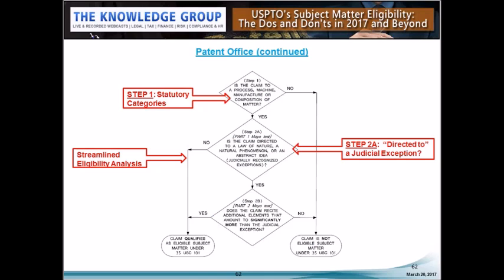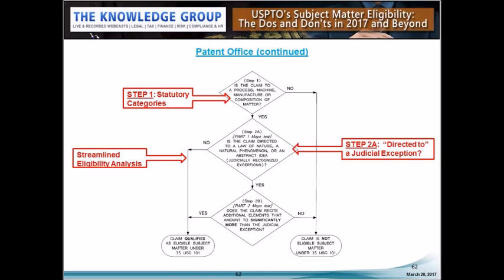Steve discussed the Patent Office's flow chart for the two-step patent eligibility test. As he noted, in flow chart step 2A, which is the first step of the Mayo analysis, it is determined whether a claim is directed to a law of nature, a natural phenomenon, or an abstract idea. If step 2A is no, the invention is eligible for patenting and no further analysis is required.